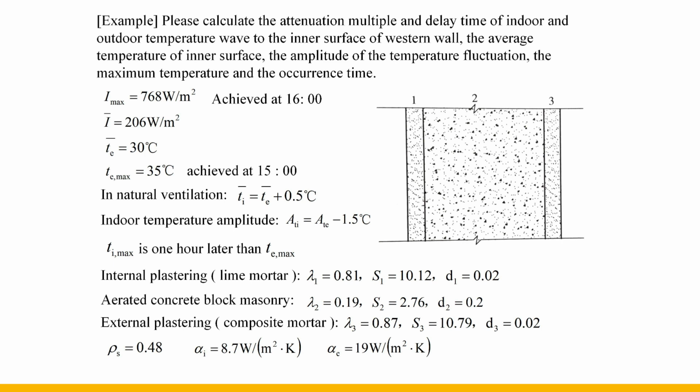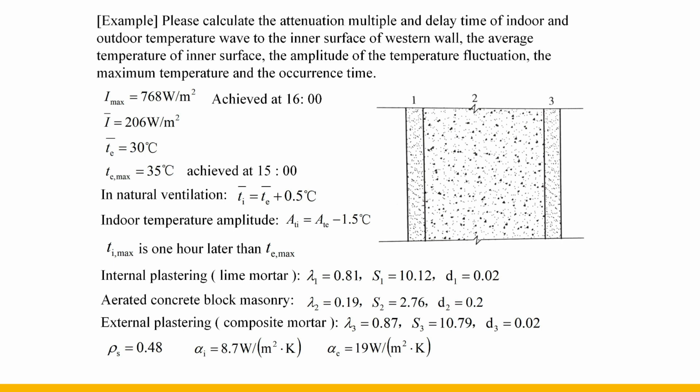The absorption rate of solar radiation on the surface is 0.48. The inner surface heat transfer coefficient is 8.7, and the outer surface heat transfer coefficient is 19. The solution to this example is as follows. Firstly, the outdoor average solar air temperature and its amplitude are calculated, and then the average temperature of the inner surface is calculated.